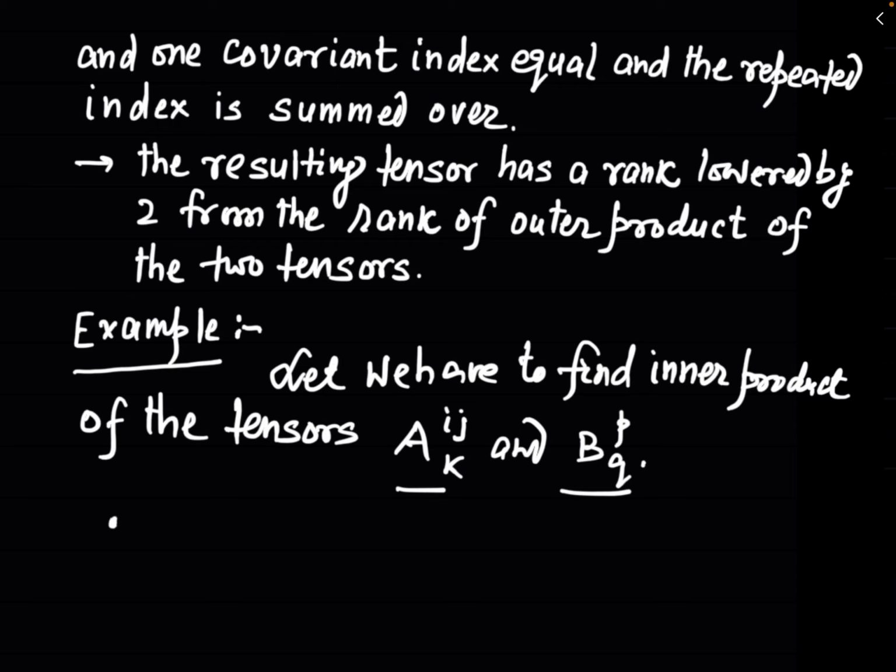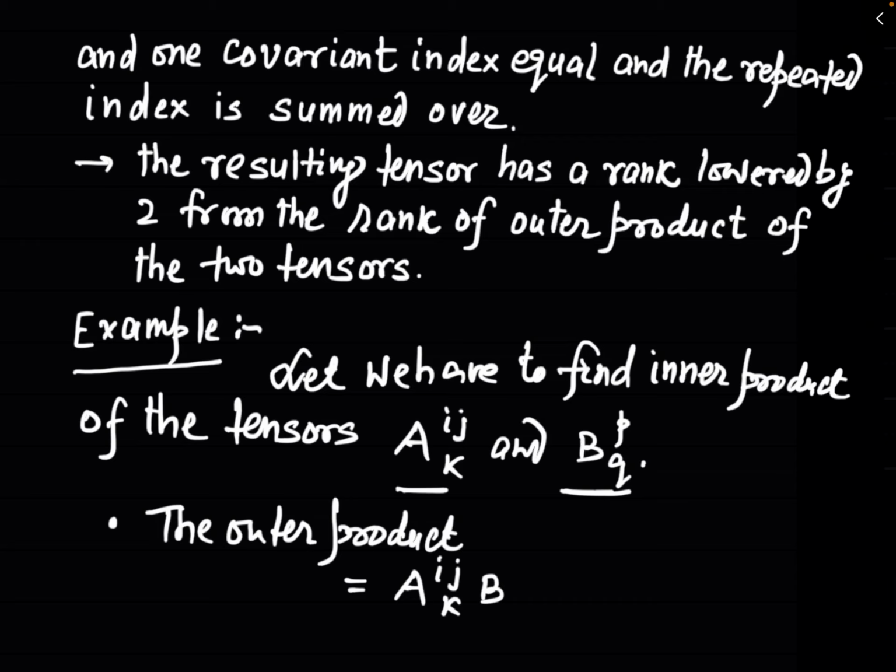Now follow the steps. In the first step, what will you do? First of all, we will find the outer product of these two tensors. The outer product of the given tensors will be simply A super ij sub k times B super p sub q.